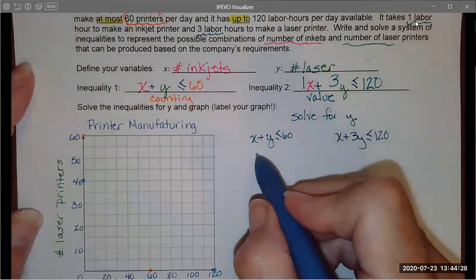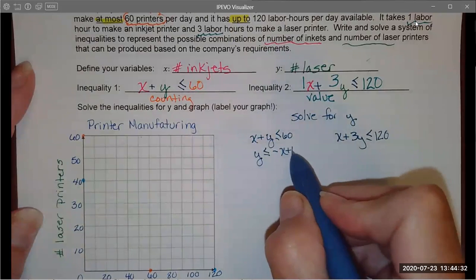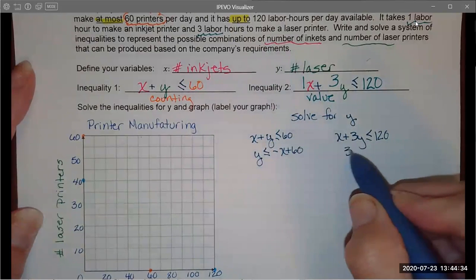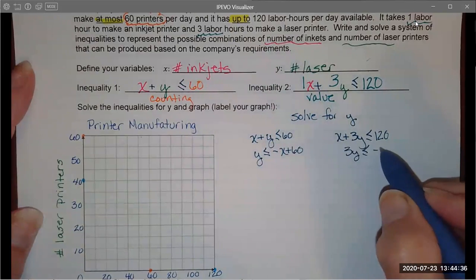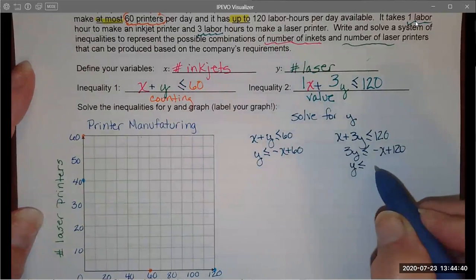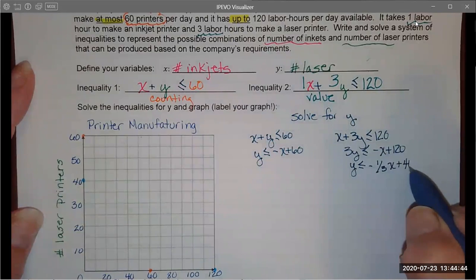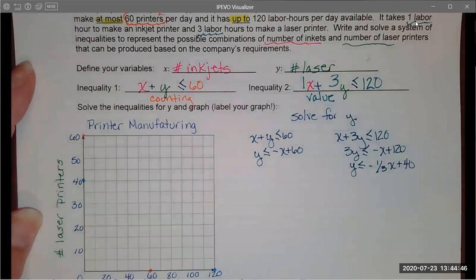So I'm going to quickly solve these for y. Negative x plus 60, 3y. All right, I think that looks right. I'm going to graph these 2 lines.